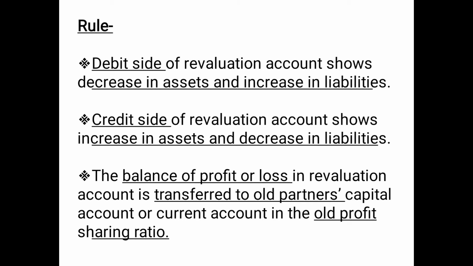Just for revision, the debit side of revaluation account shows the decrease in assets and increase in liabilities, and the credit side shows just the opposite, increase in assets and decrease in liabilities.